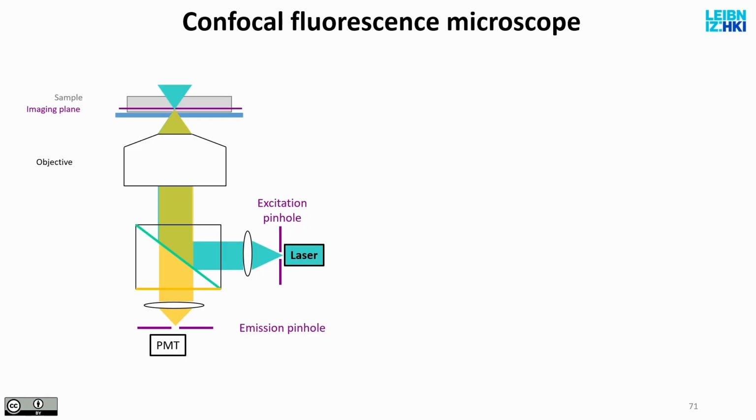But because of the optical slicing, I don't see the rest of the sample. So I also have to move the focus itself across the sample to see the entire 3 dimensions of the sample.